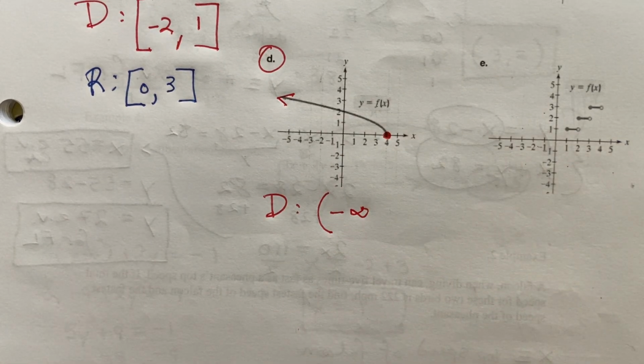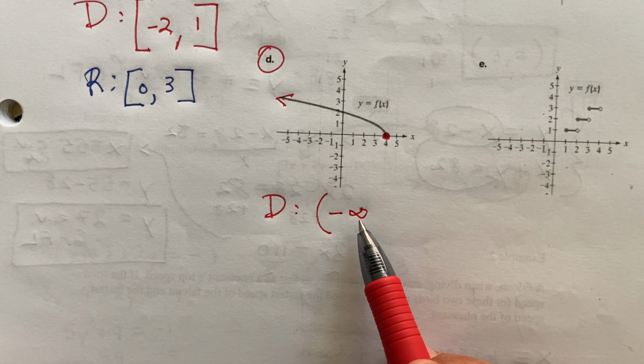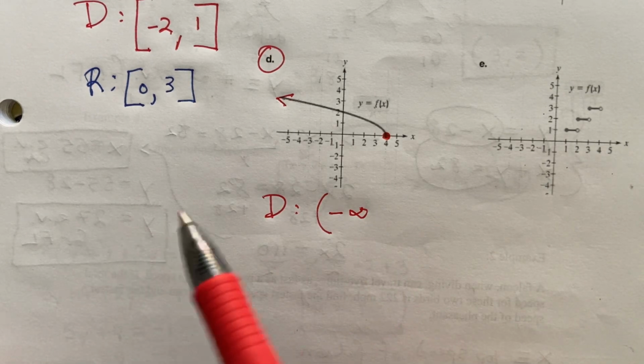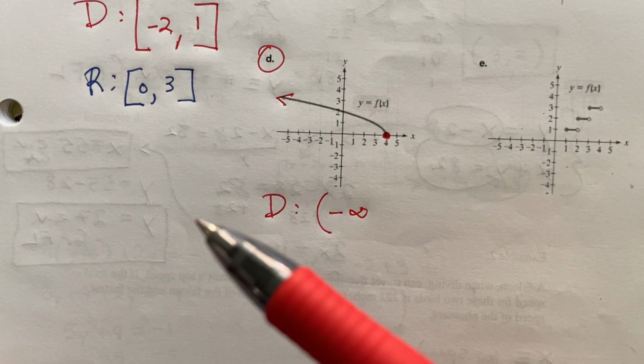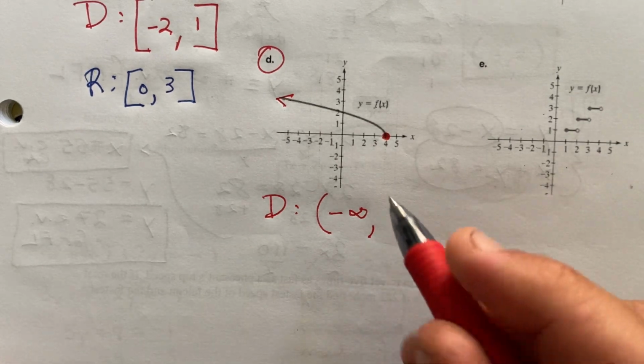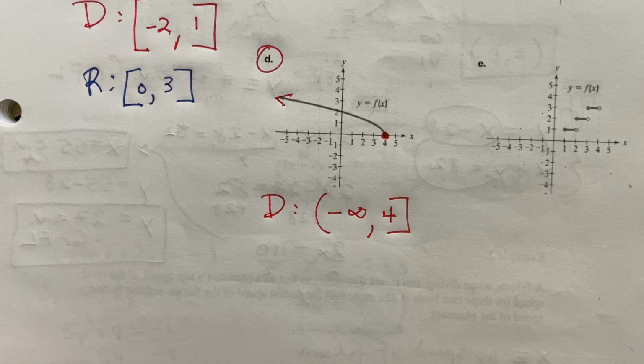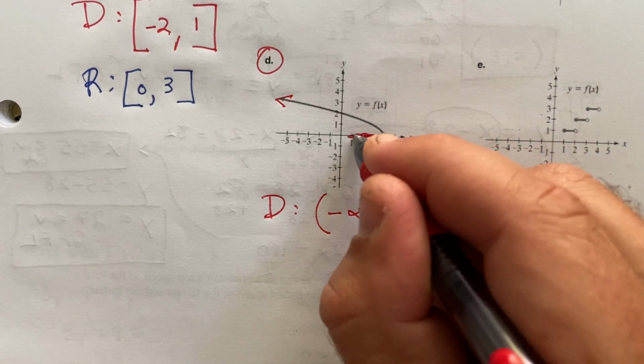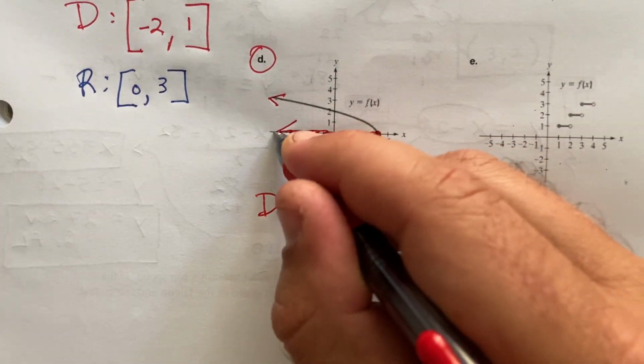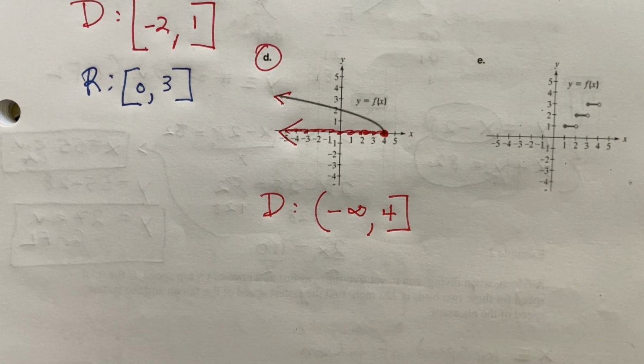So what we do is we imply infinity. So we also have negative infinity going this direction, that way. And then all the way up to and including 4. Right, we would have this sort of line just on the x-axis.